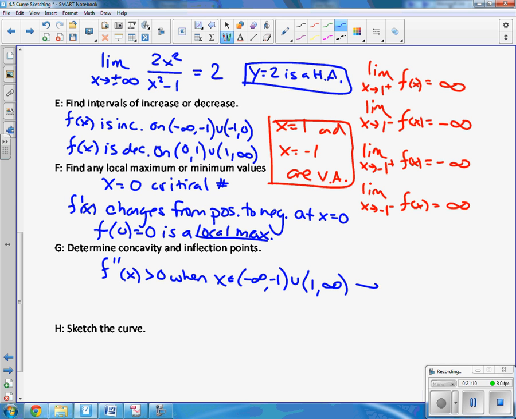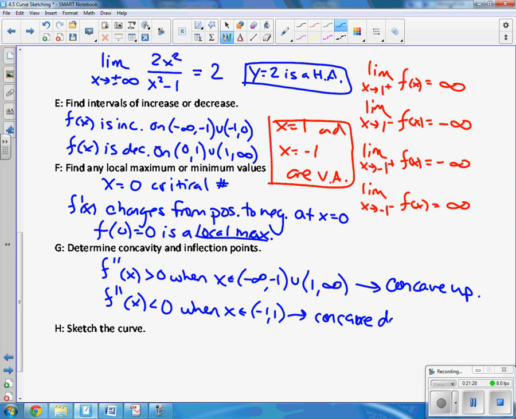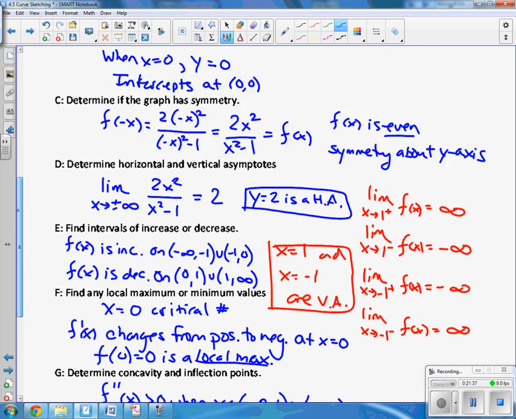So this is where we know that it's going to be concave up. It's going to be less than 0 when x is between negative 1 and 1. And that's where it's going to be concave down. Okay, tons of information. So now we have to go back up. We're at the last step, sketch the curve.